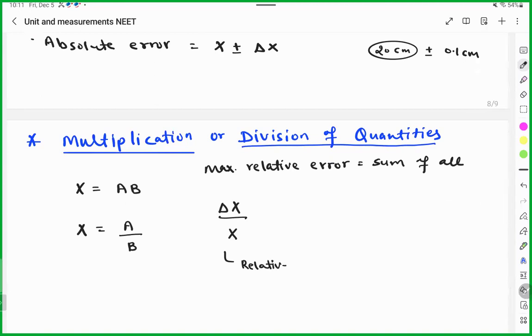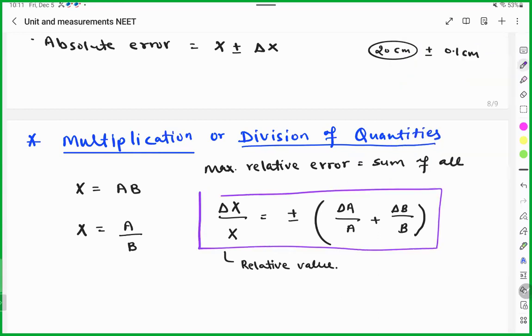Take care of this. So the relative change in the overall value will be plus minus, we don't know, it could be plus or minus, delta a by a plus delta b by b. So relative errors are added.